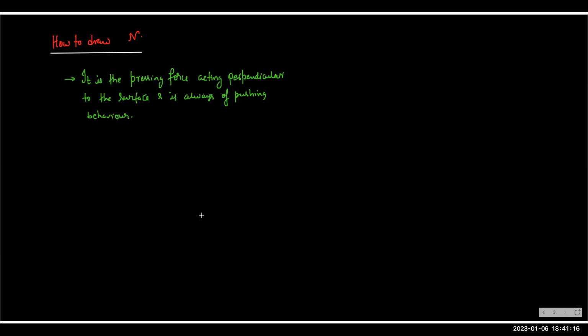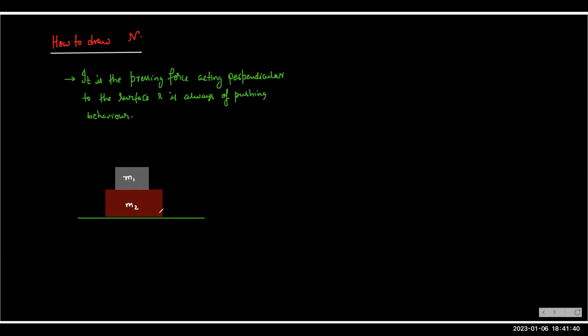So we'll start with something very simple. Let's say we have a surface, a ground, and we have two blocks kept one over the other. How to think of drawing the normal direction? We need to check for the contact forces.